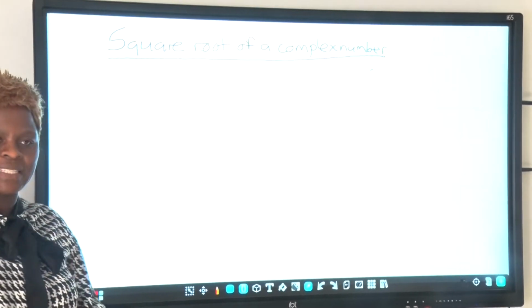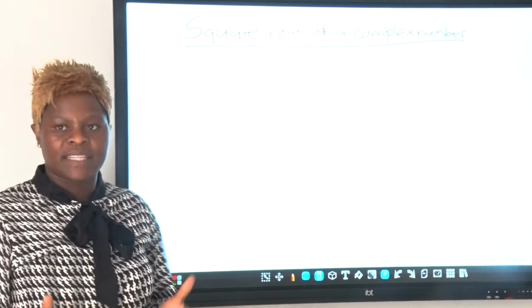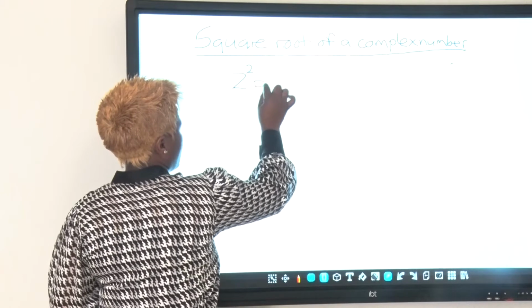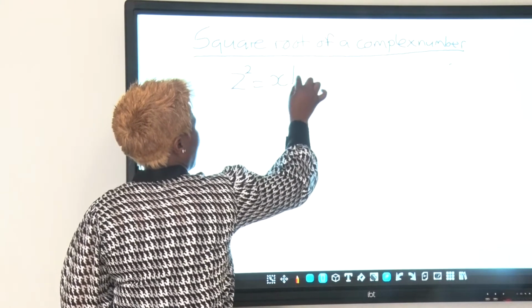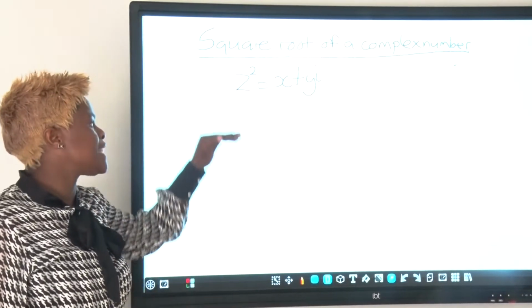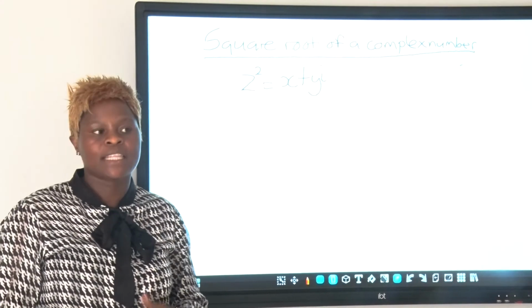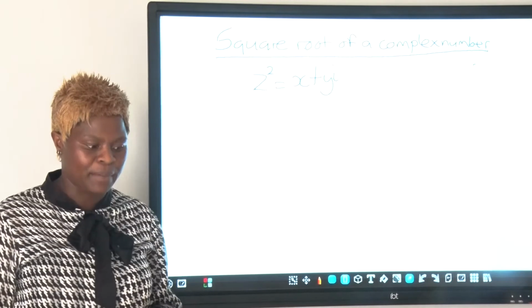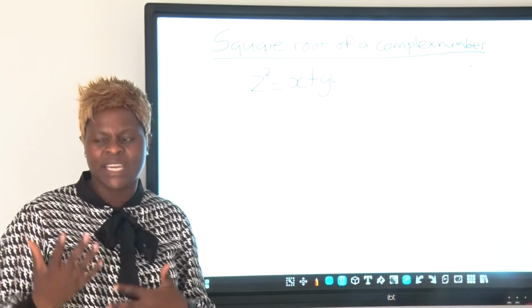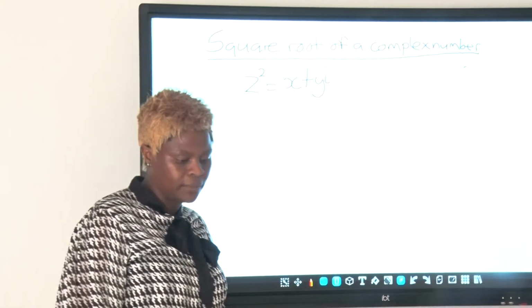It is believed that z squared is equal to x plus yi. We are going to use this to find the square root of complex numbers. Let's look at an example so that we can explain how we can use this.